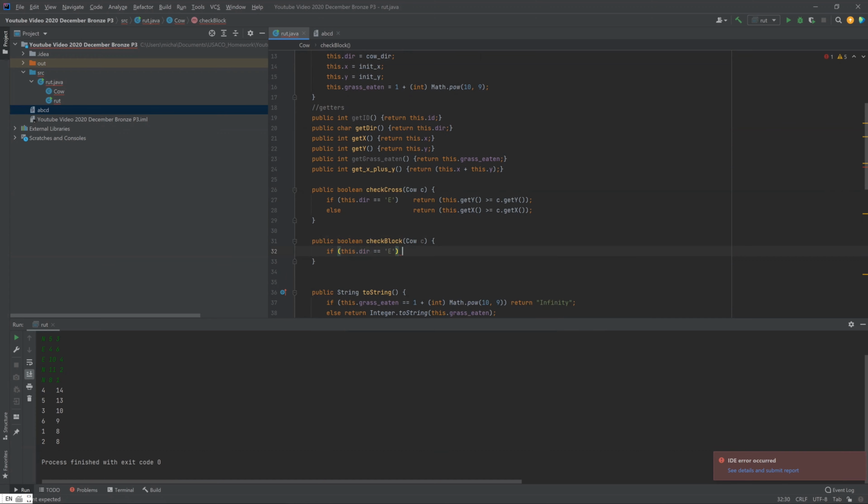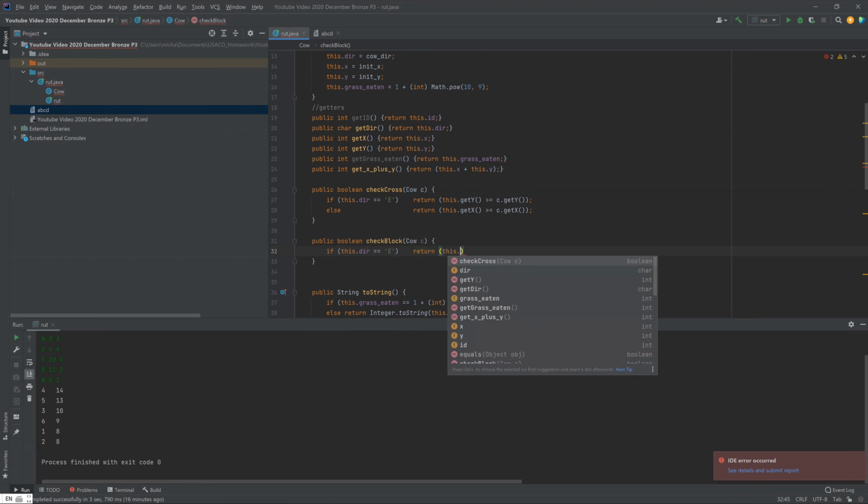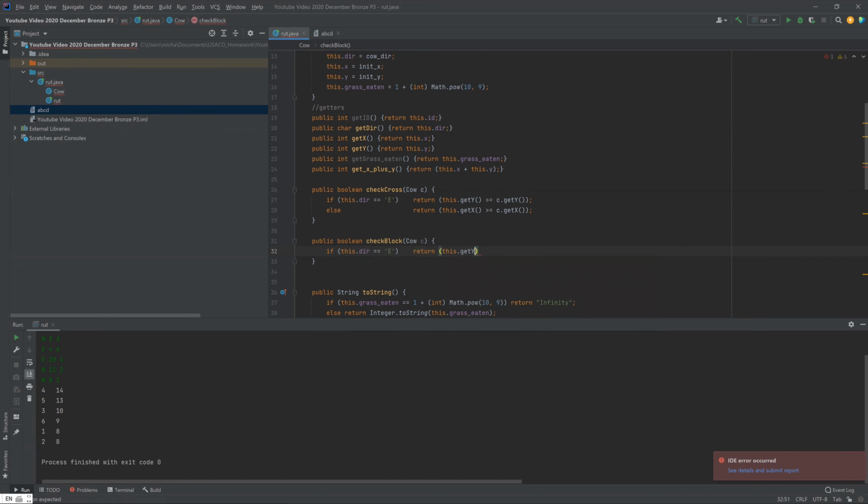If I'm going east, then I will return this dot get y if my y position is less than their y position plus the distance, the grass region, the distance it will move, then I will be blocked.